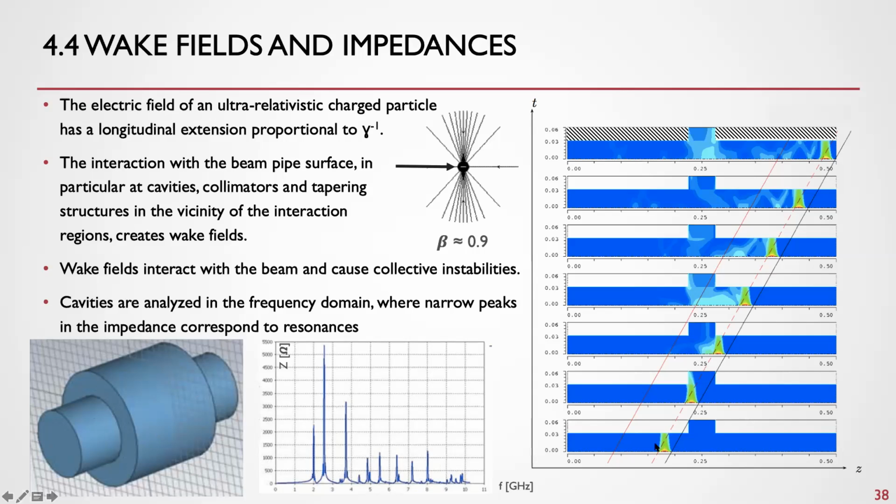And what's happening is this: there is a single bunch here. The time goes from bottom to top, and the beam direction is from left to right. So here's the bunch of particles, and the electromagnetic field that it causes is colored.